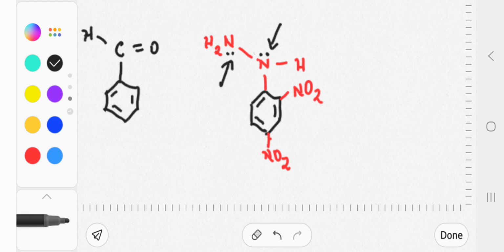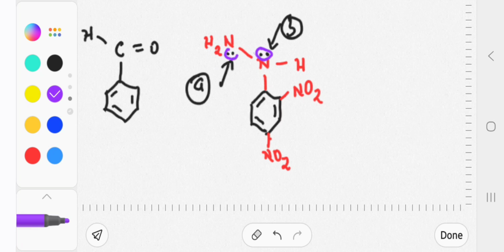The nitrogen that is going to go into reaction is this one, because it is less hindered. It's found at the outer side, so it is not under the influence of steric hindrance. This other nitrogen is very much hindered, and as you can see, its non-bonding electrons are not readily available because they are far away.